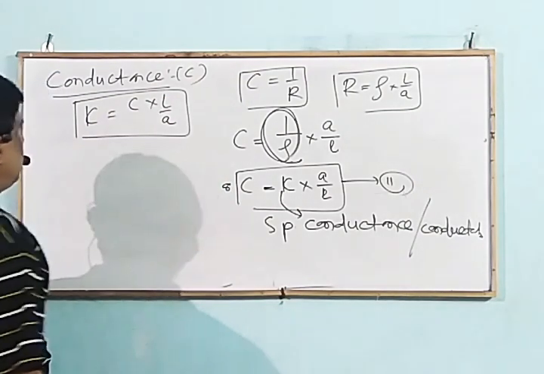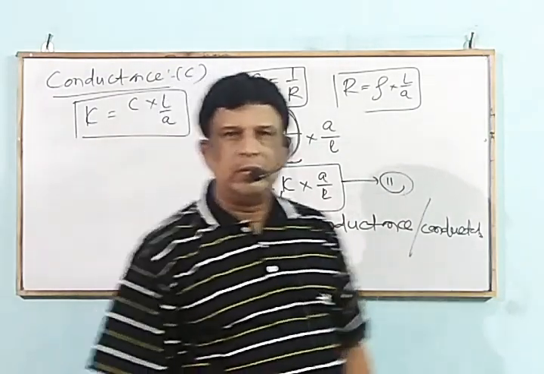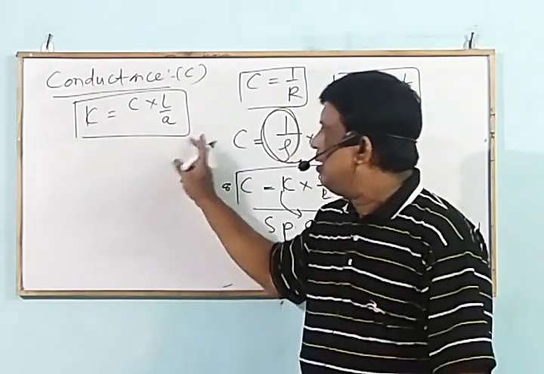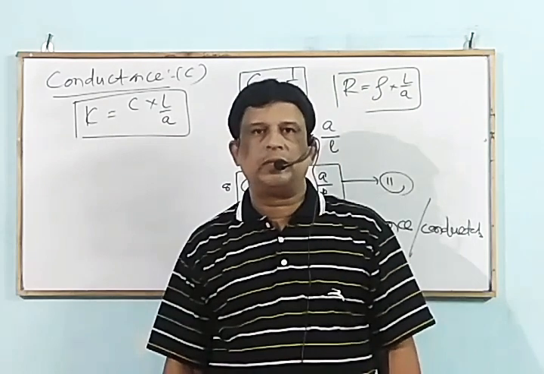Mark that. If length is 1 centimeter and cross-sectional area is 1 centimeter square, then specific conductance is equal to conductance.